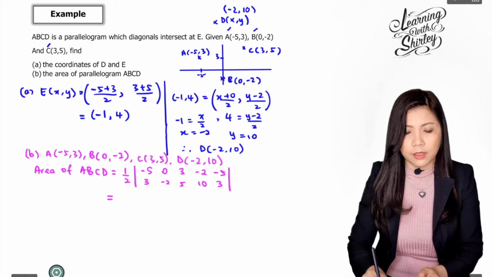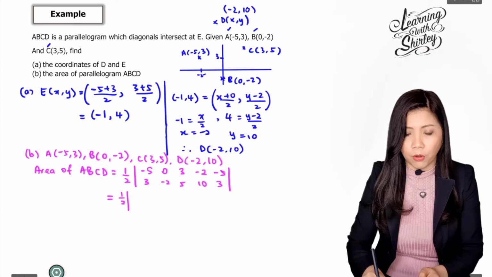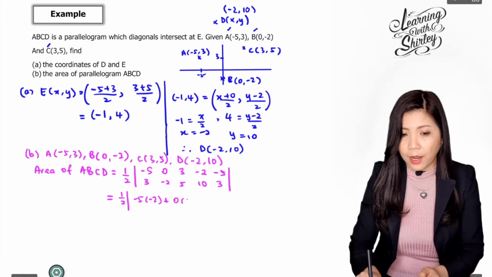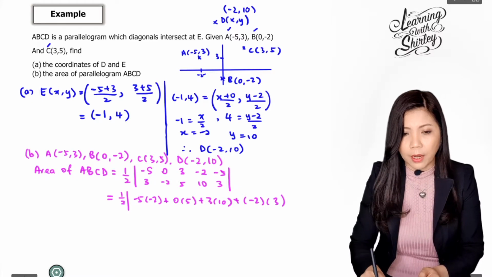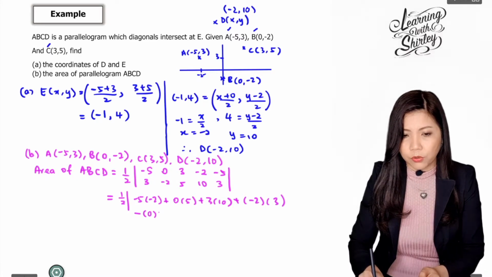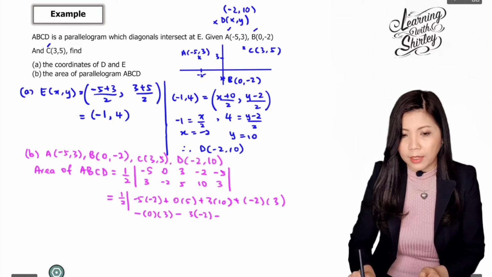Let's solve this. Half, modulus, (-5 times -2) plus (0 times 5) plus (3 times 10) plus (-2 times 3), and then we minus (0 times 3), minus (3 times -2), minus (-2 times 5), then minus (-5 times 10).